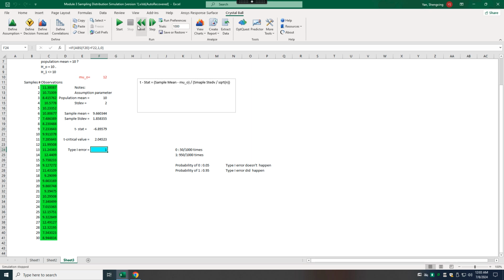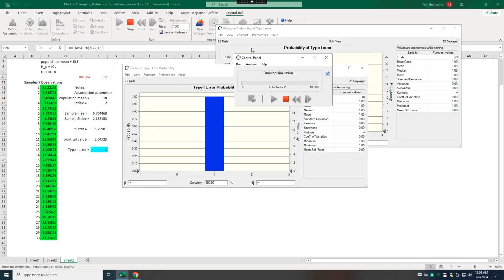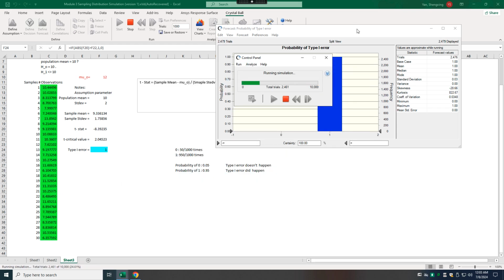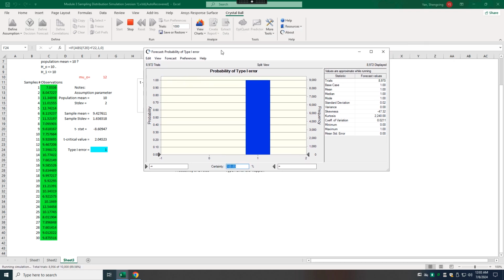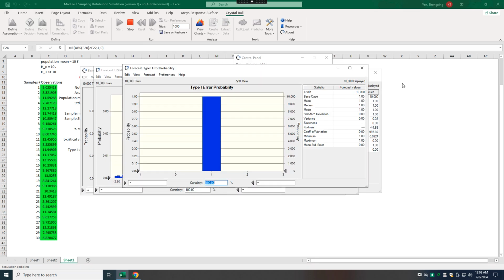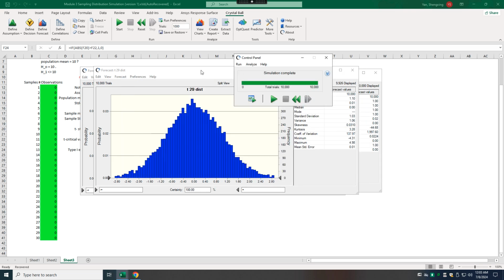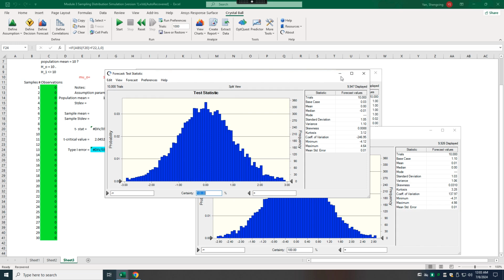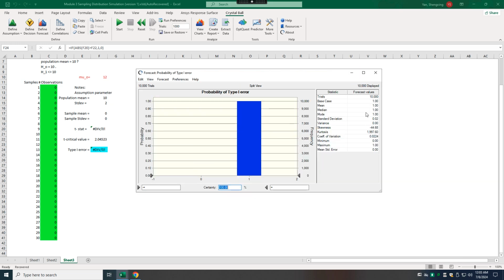And let's do another 1000 simulation. Sorry, this is coming from my other workbook.